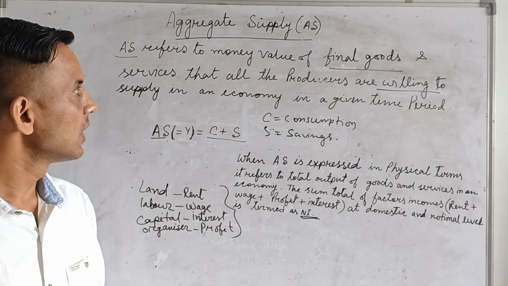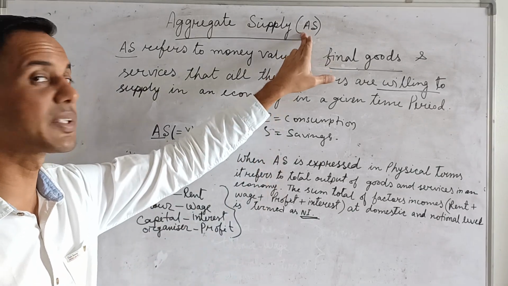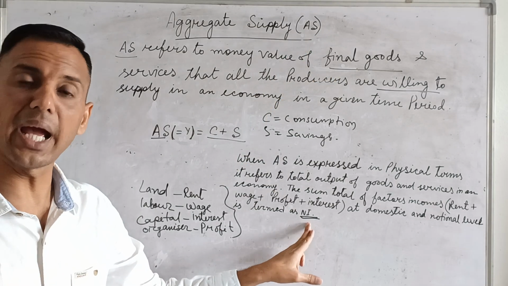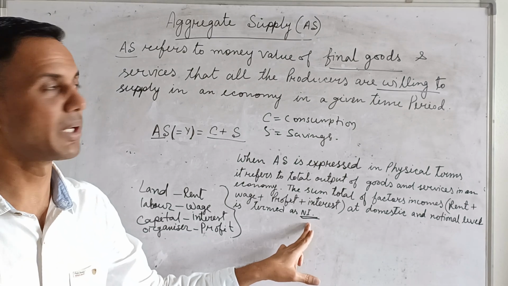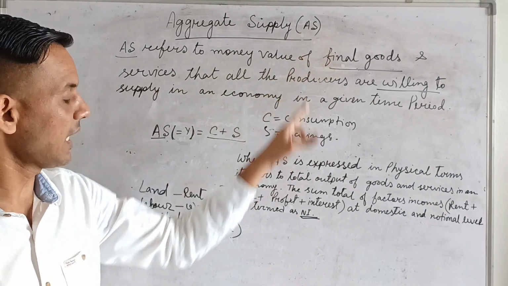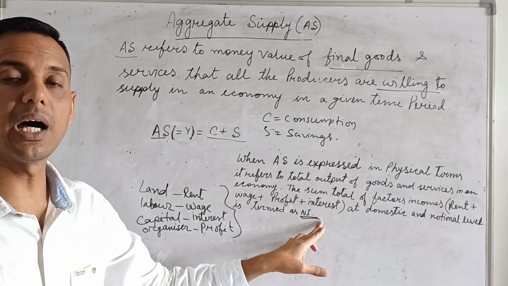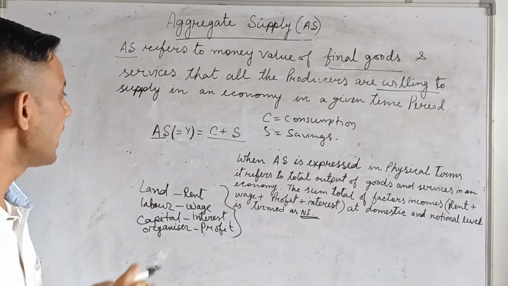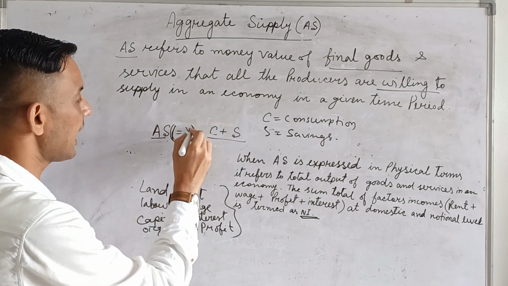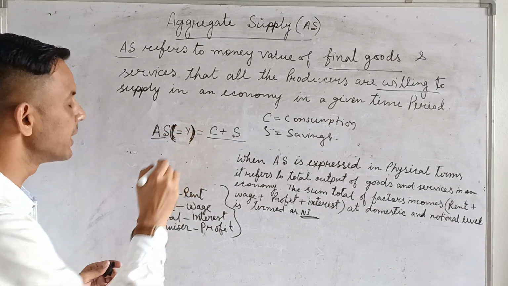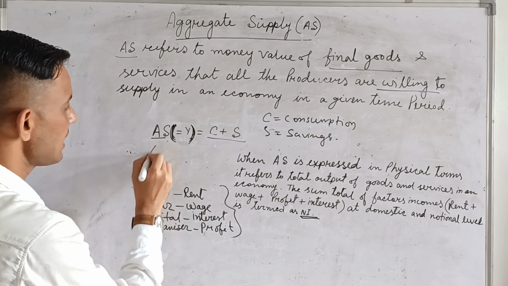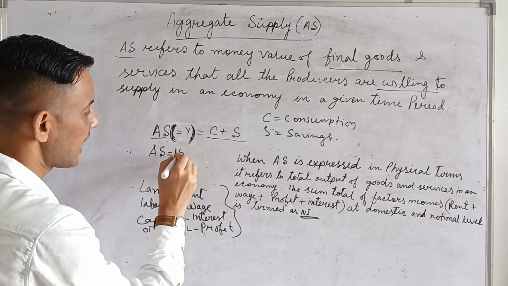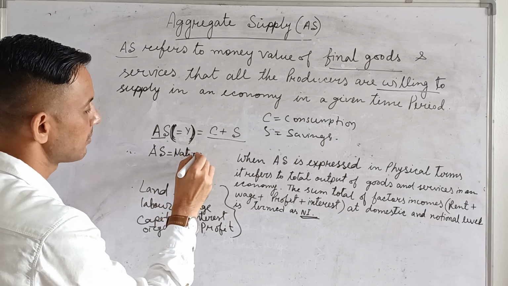So students, what did you understand? It means aggregate supply and national income are one and the same thing. You understood? Aggregate supply and national income are one and the same thing. That's why I have written here AS, in bracket Y. It means aggregate supply is equal to national income.